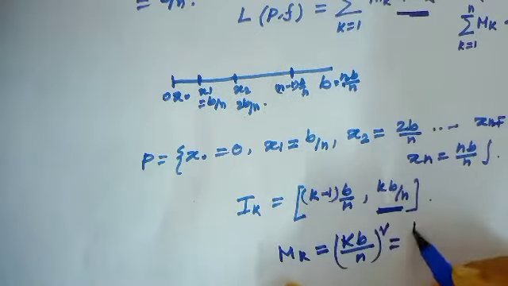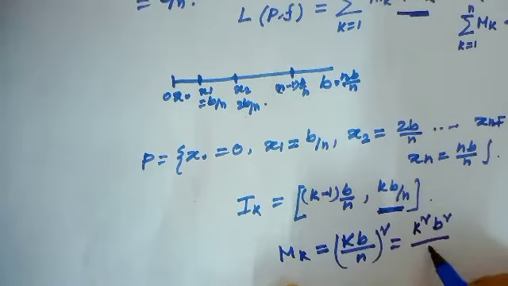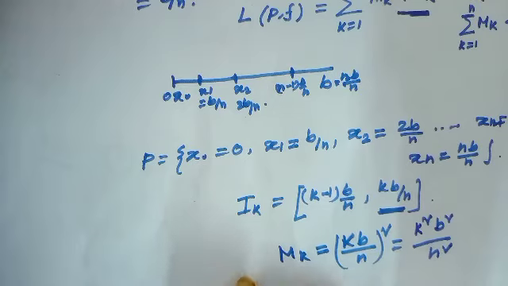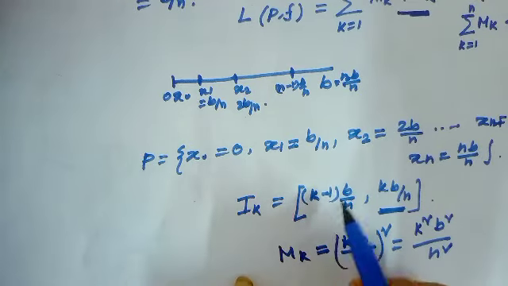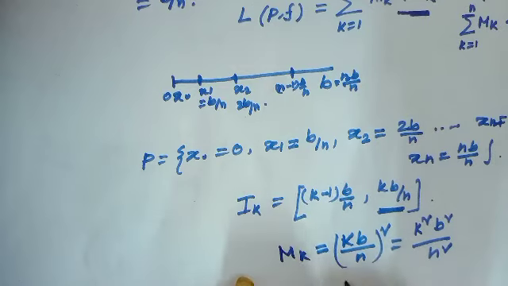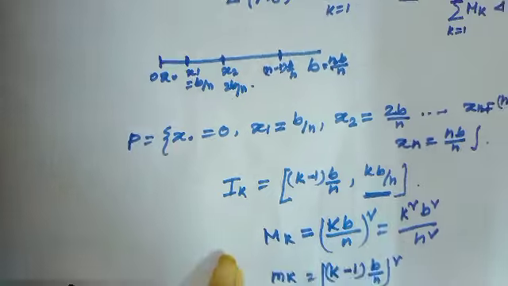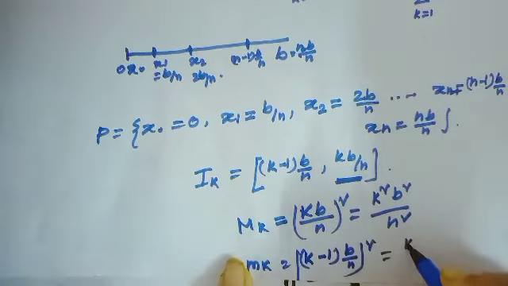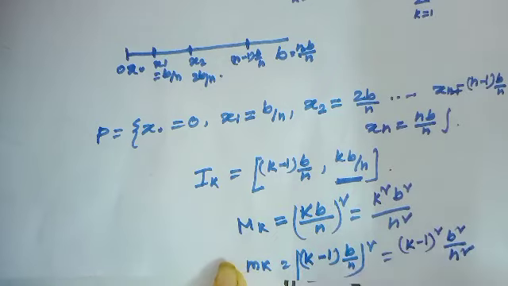That is equal to k square b square over n square, and small mk would be, obviously the infimum exists at the point (k minus 1) b over n in this subinterval. Then this would be (k minus 1) times b over n, whole square. This is equal to (k minus 1) whole square times b square over n square.